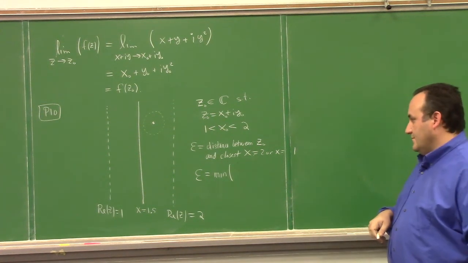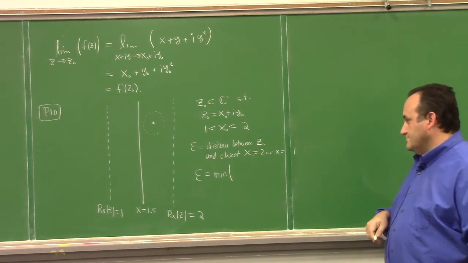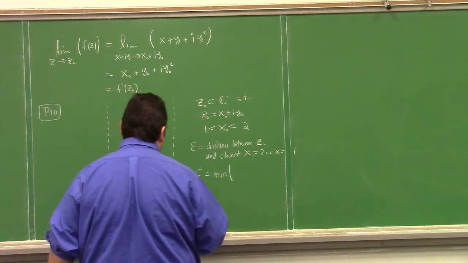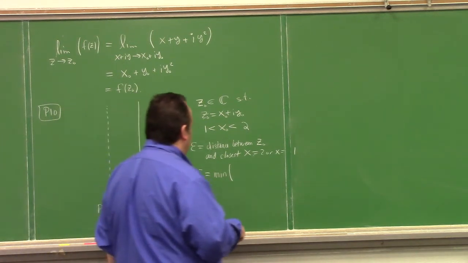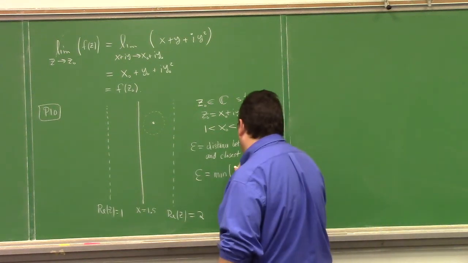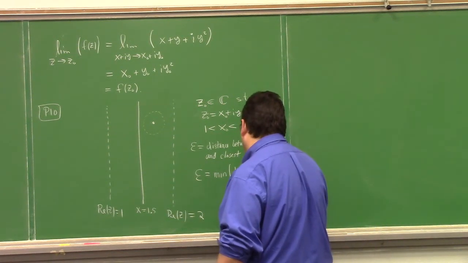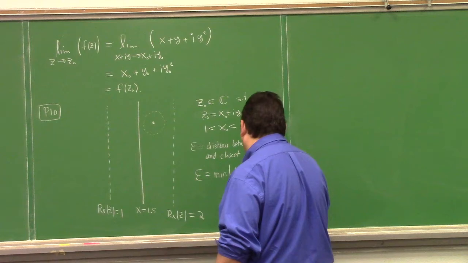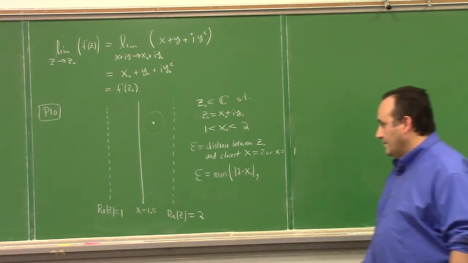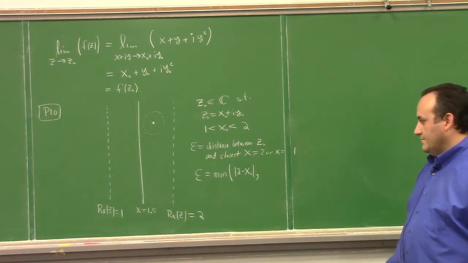Like the epsilon minimum would be 2? Are we talking about, in terms of x naught, the minimum of something? I'll get you started. It's the minimum of the absolute value of 2 minus x naught, comma, any y?